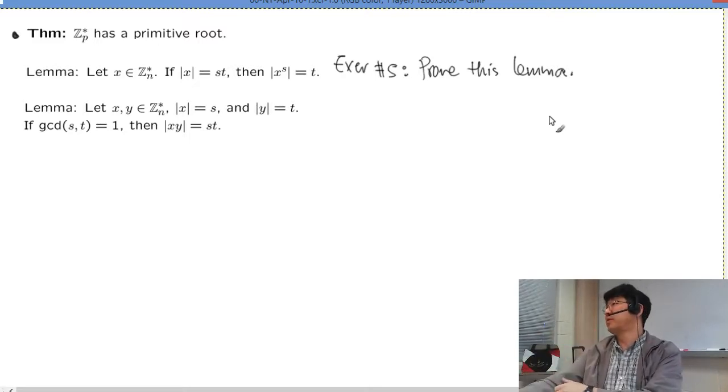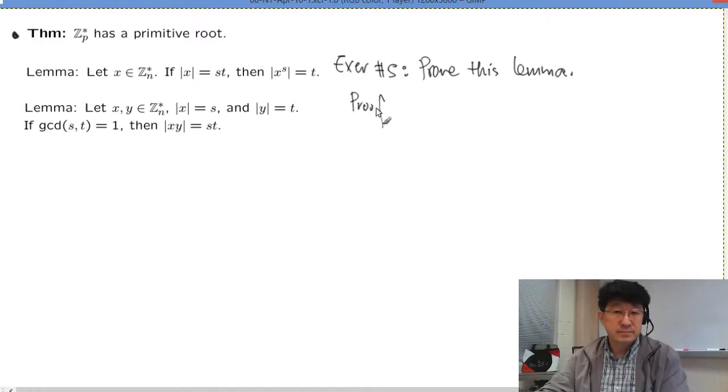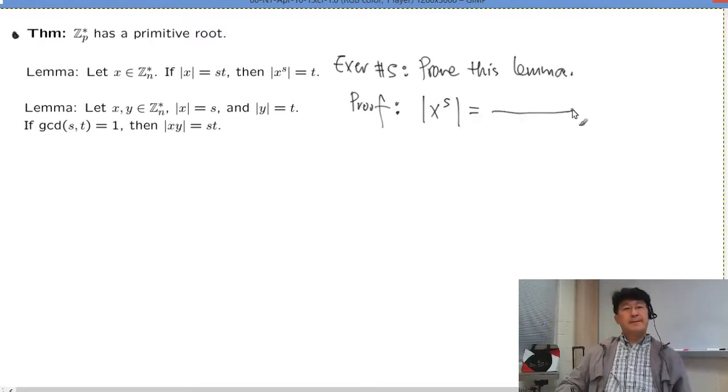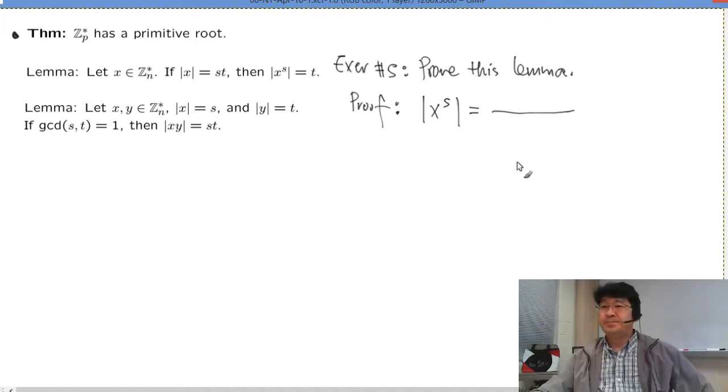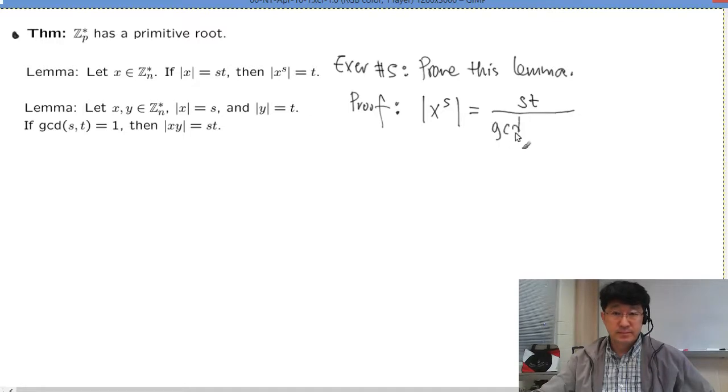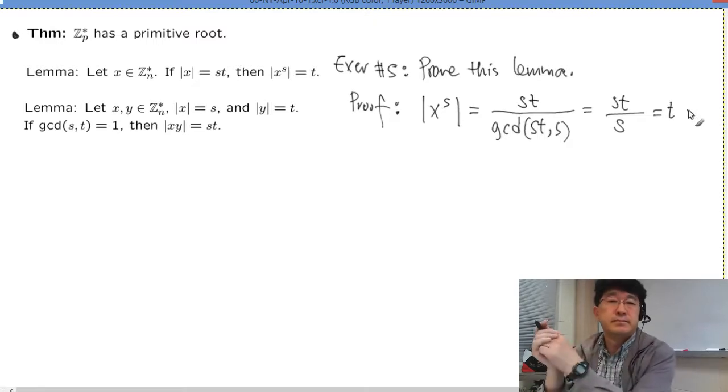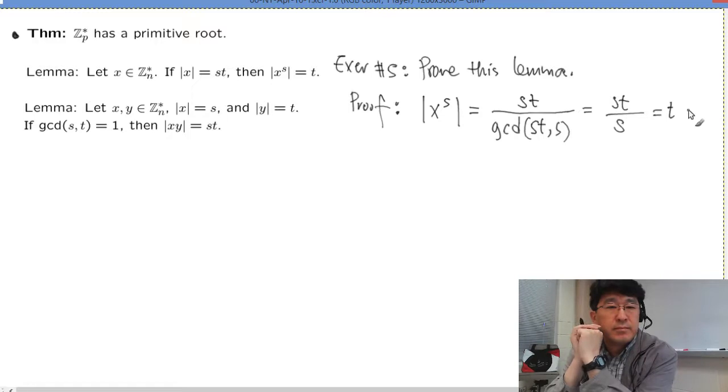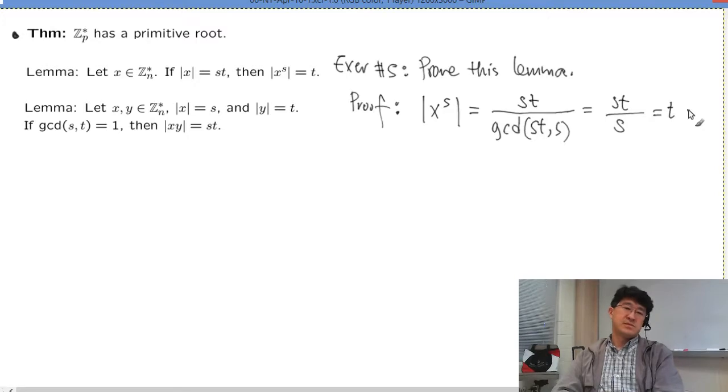It is about x to the something, right? Yeah. All right. Make sense?